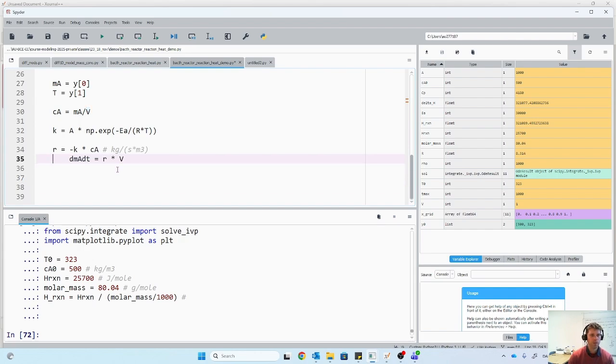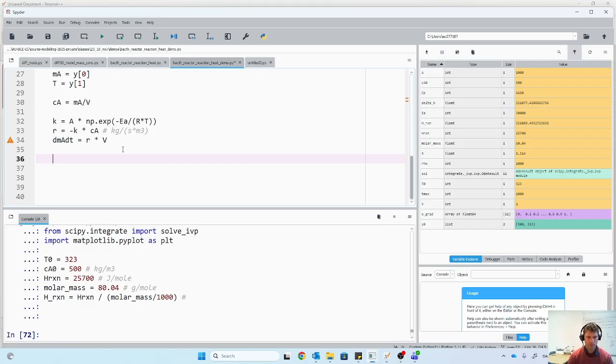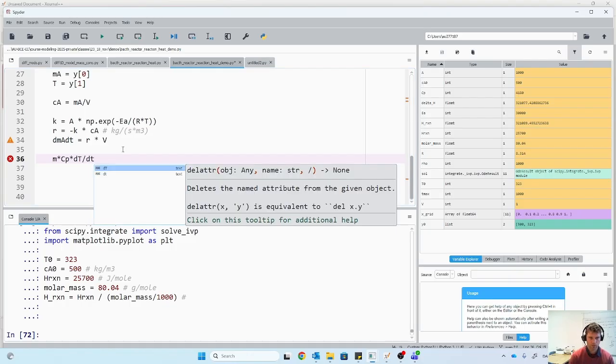Now we get to the heat balance, or the energy balance. The energy balance normally looks like this. We have m times Cp times dT over dt.